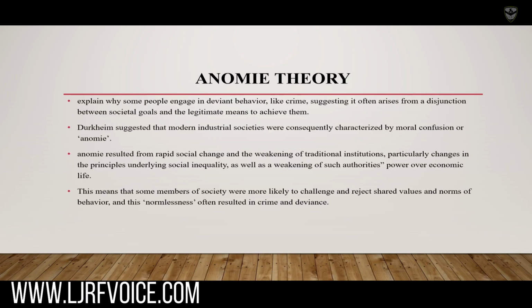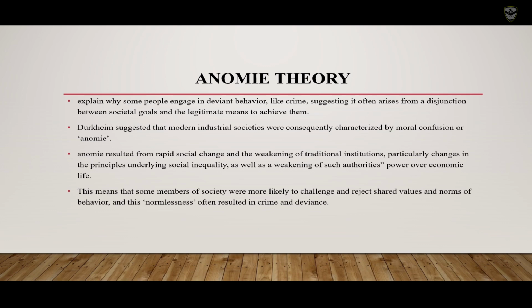So the first one is social structure, wherein we look into anomie theory. I guess most of you would have come across this terminology of anomie somewhere when you're reading any papers related to sociological theories or in general about law. Anomie basically means a state of normlessness.